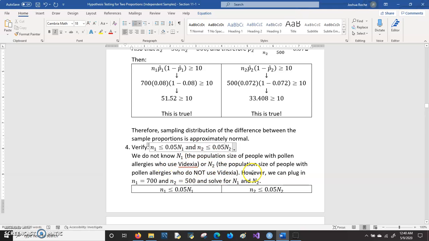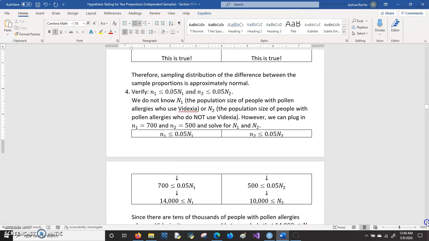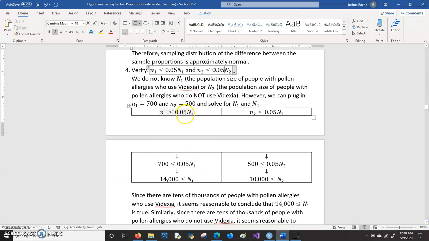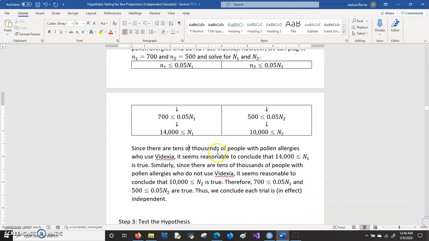These are not known, but we can plug in our sample sizes into these 2 inequalities, solve for capital N1 and capital N2. We get these 2 results. Since there are tens of thousands of people with pollen allergies who use Videxia, it seems reasonable to conclude that the population is more than 14,000.